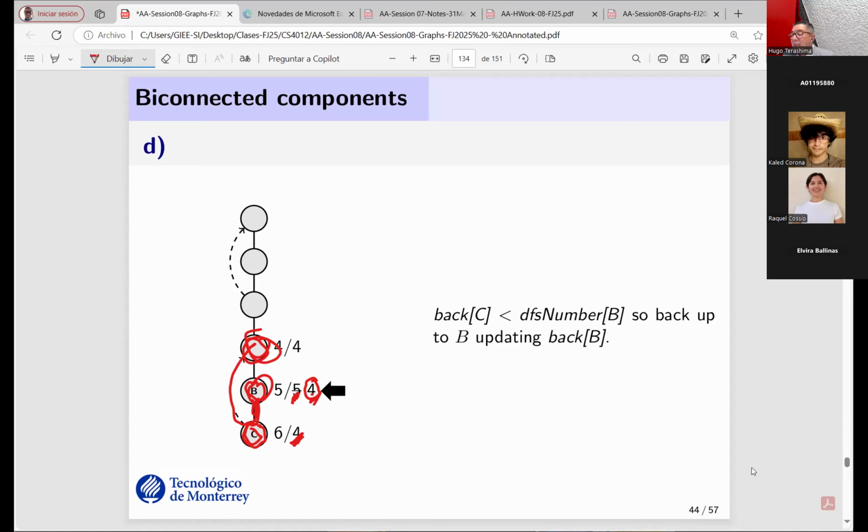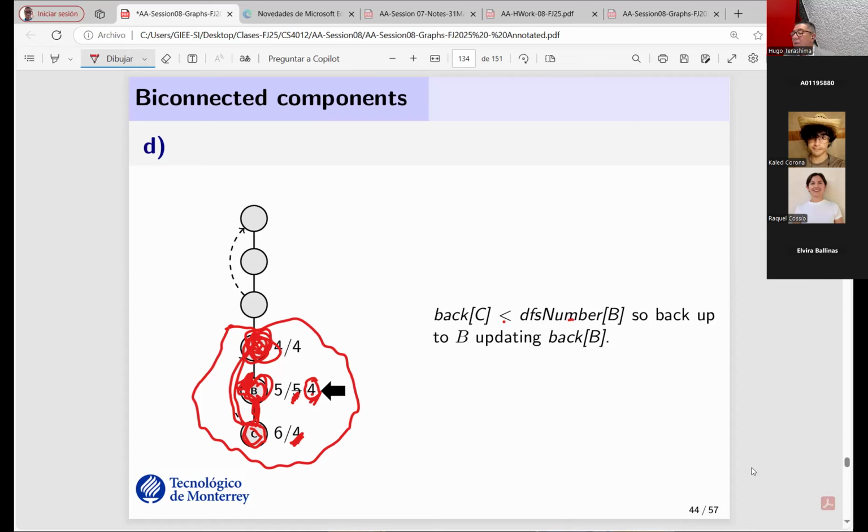So I can not only come back to the node itself, but I can go to this one, and this back to this one, and I can come back to that one. And that's the way that this is being constructed. So back of C is less than DFS. Okay.